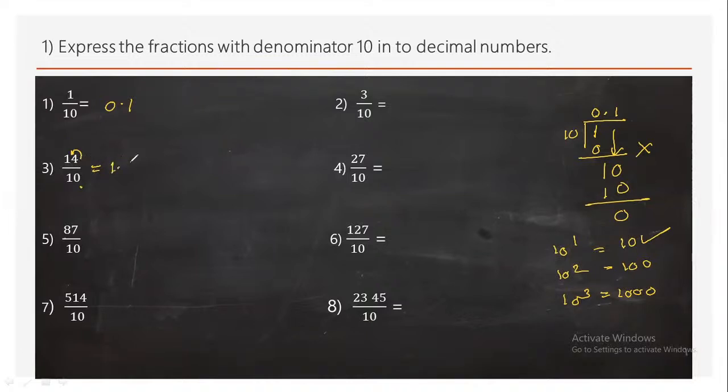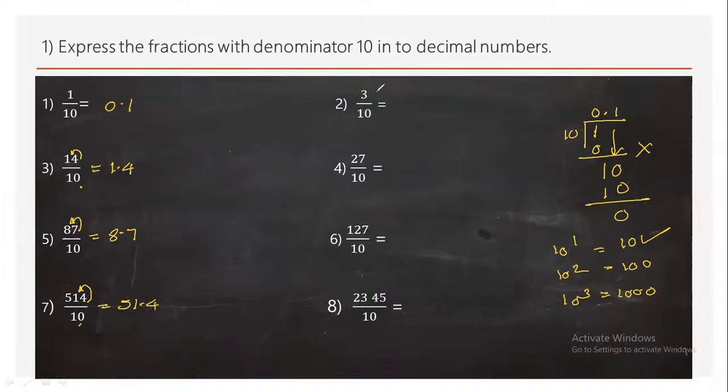Then 1.4. The denominator 10 is there. The answer contains only one decimal place. Here the denominator is 10, one decimal place to this side, 8.7. Denominator 10, 51.4.